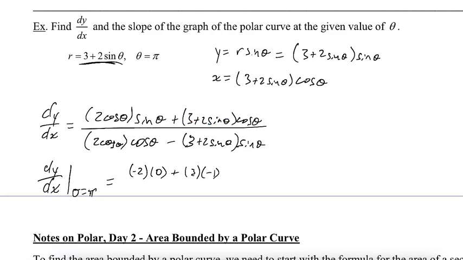Cosine of pi is still negative 1, over negative 2 times negative 1 minus 3 times 0. And that will simplify, since I can lose my negative 2 times 0 and 3 times 0, to be negative 3 over positive 2. And that would be the slope of my tangent line when theta equals pi.